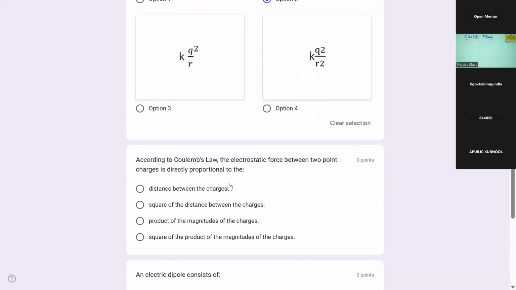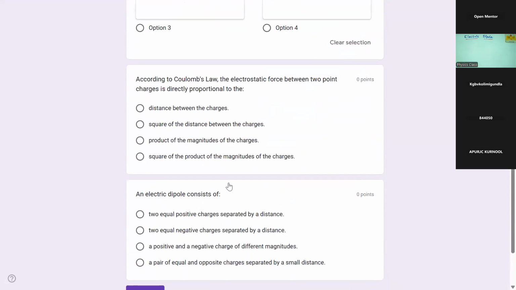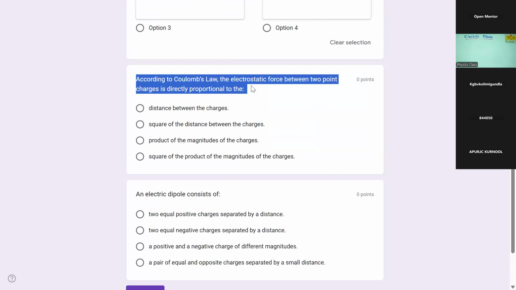And the second question. According to Coulomb's law, the electrostatic force between two point charges is directly proportional to the distance between the charges, the square of the distance, or the product of the magnitudes of the charges.